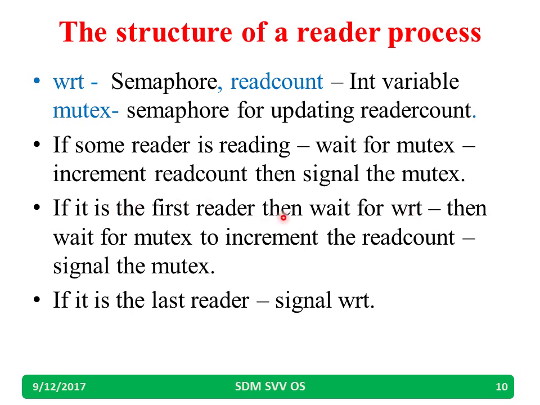If you are the first reader, ensure that nobody is writing. Then signal the mutex so that other readers can enter the reading operation as well as update the read count. If it is the last reader, I have to signal WRT, because some process may be interested in doing the write operation. Being the last reader, it's my duty to signal WRT so that another writer process can enter the writing operation.